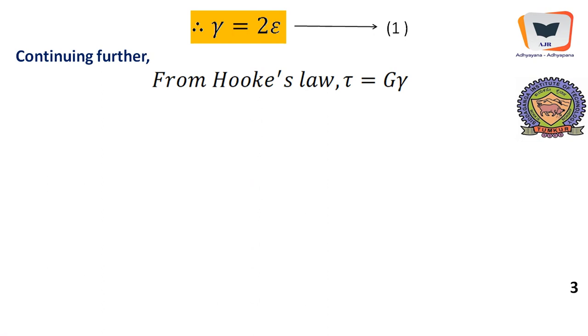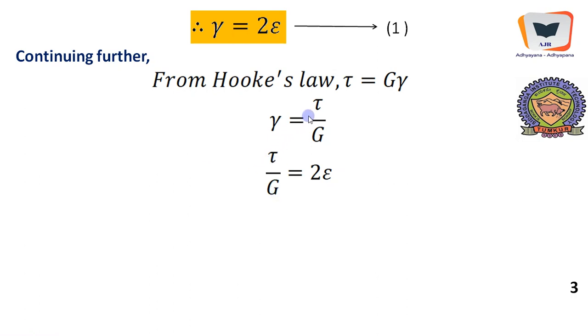Continuing further, from Hooke's law, shear stress is proportional to shear strain. And if we remove this proportionality symbol, we will get G. And G is a measure, a modulus of rigidity. And gamma equal to tau by G, a little adjustment in this formula.